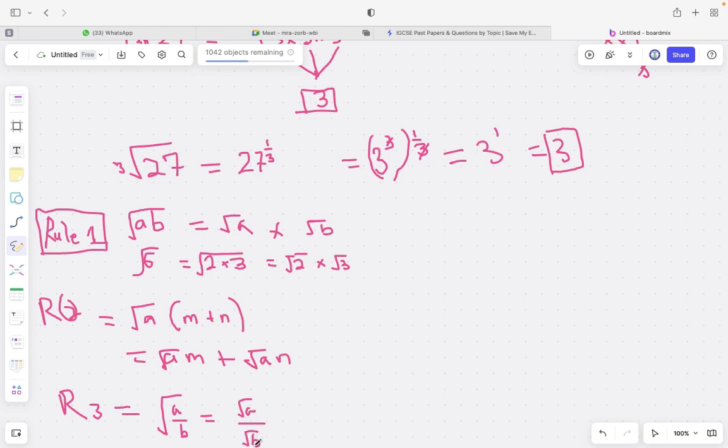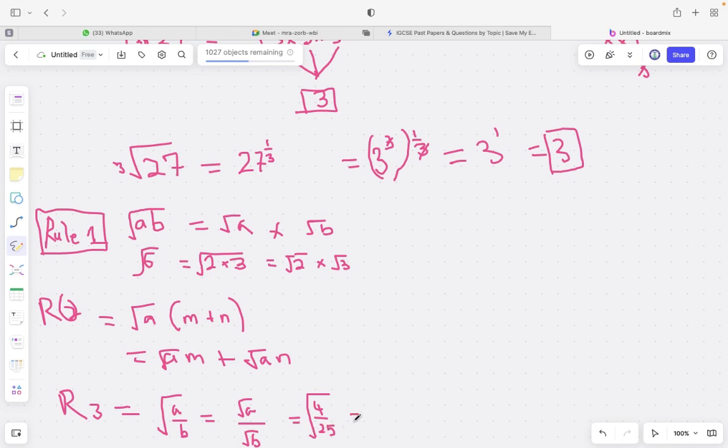Remember, the root had a fraction inside it, A over B, but it can be separated. For example, if you have 4 over 25, with a root covering both of them together.